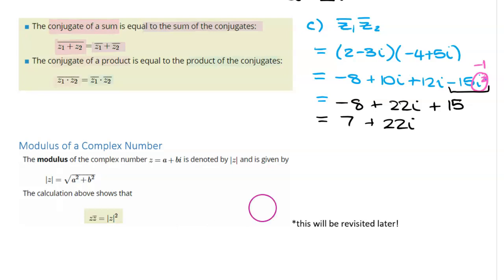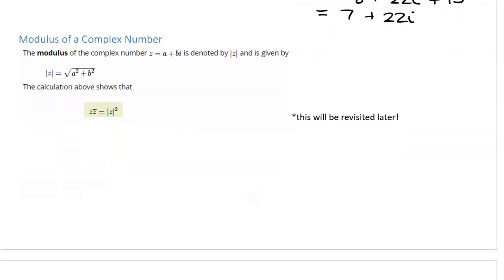of the conjugates. Now, one more thing while we're still in conjugate land is I wanted to mention the modulus of a complex number. We're representing that with the regular modulus symbol. That also applies to complex numbers, and that's given by this equation here.